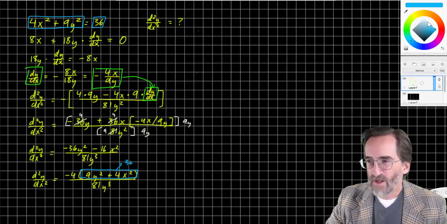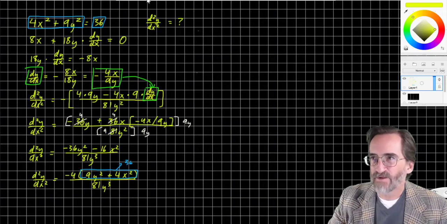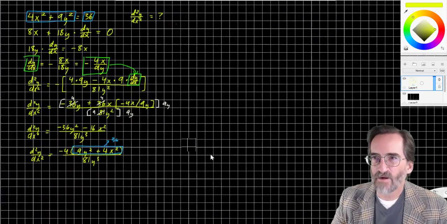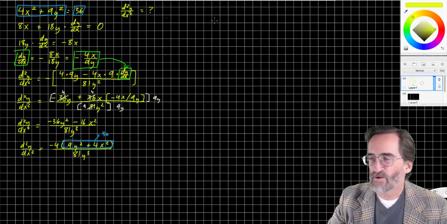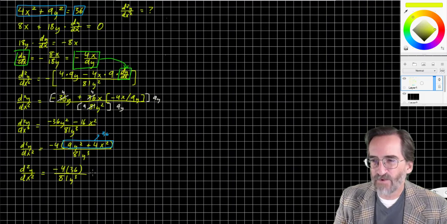Now we can write, okay, let's go ahead and reduce. So we have d squared y dx squared equals negative 4 times 36 over 81y cubed. Now reduce by 9.